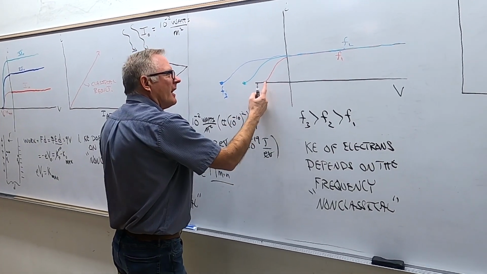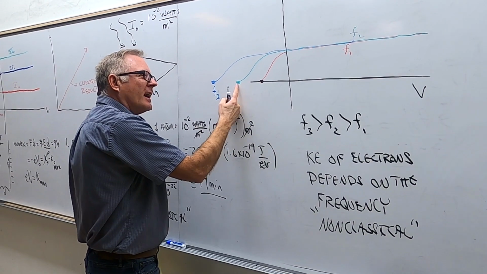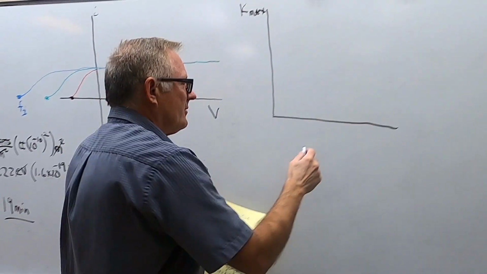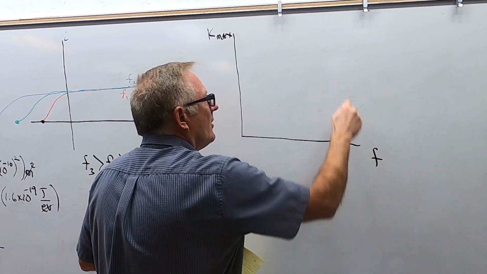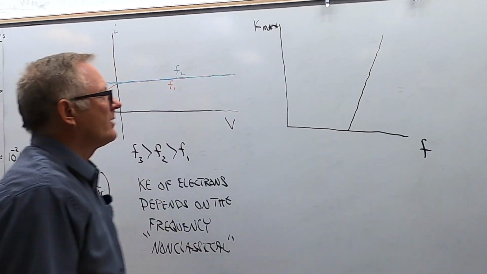You notice the higher the frequency, the higher the kinetic energy is. So this is versus the frequency, and we get something that looks like a straight line.